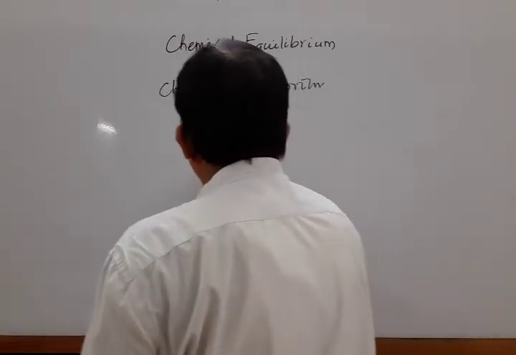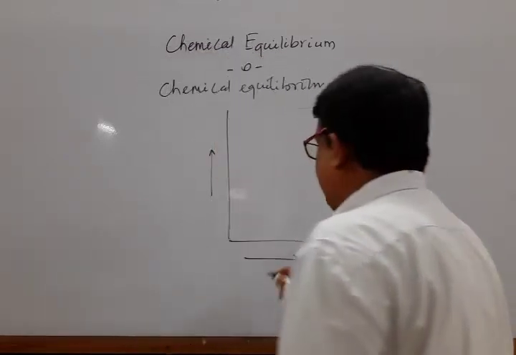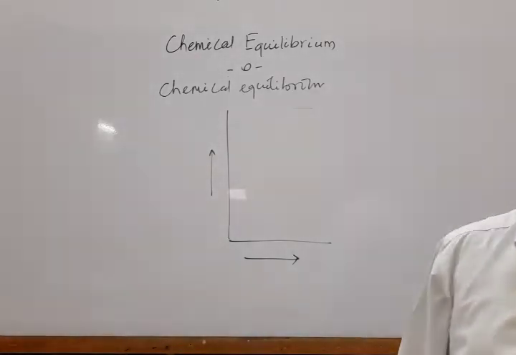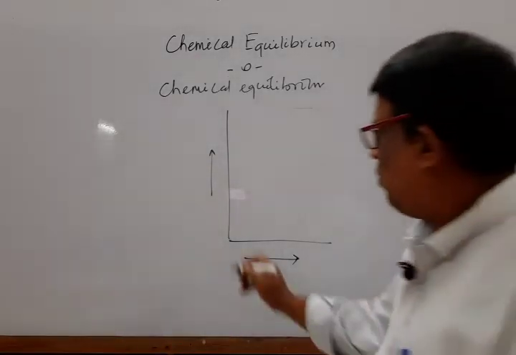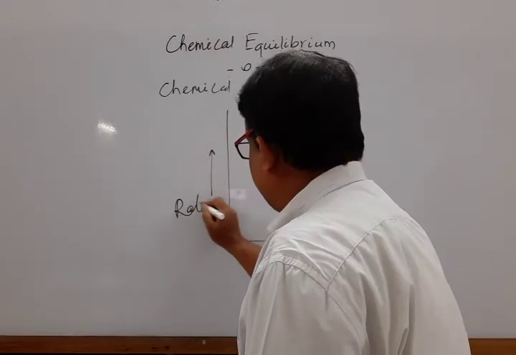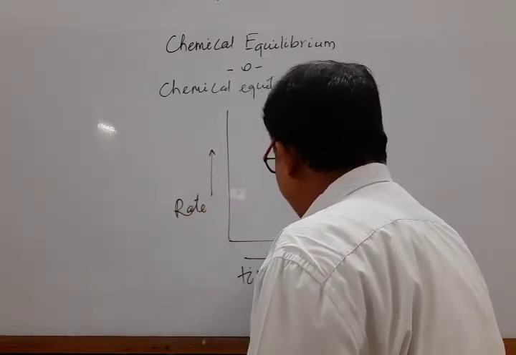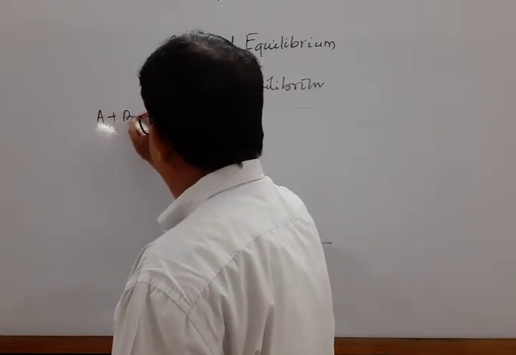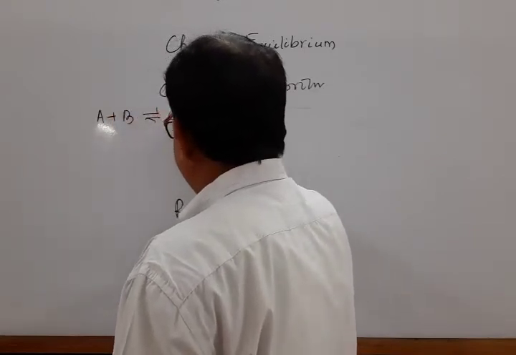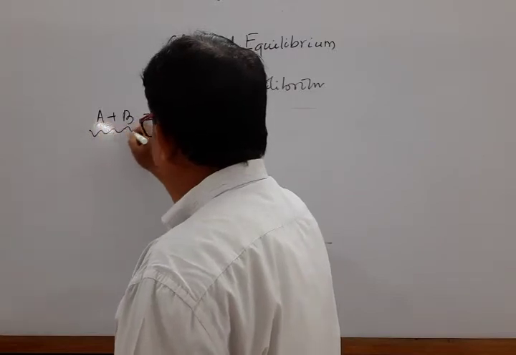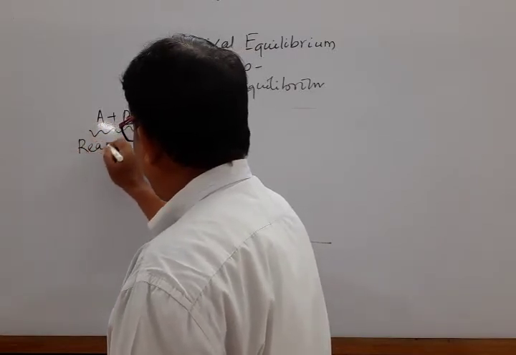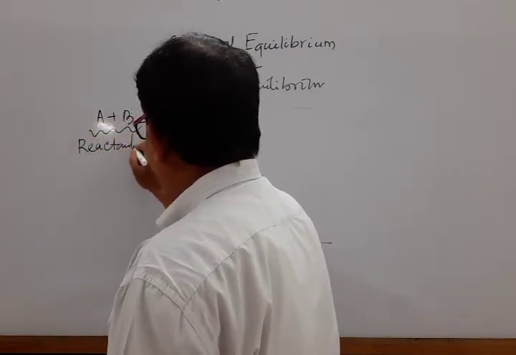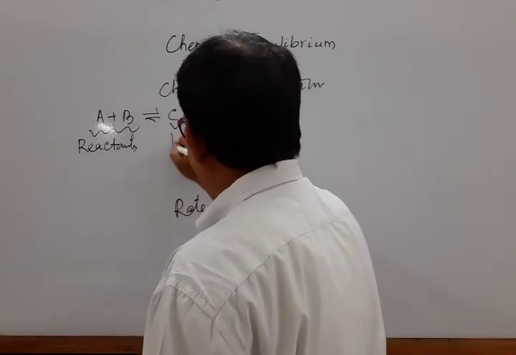It is better to draw a graph to know the term chemical equilibrium, that is rate versus time. Let us consider a reaction, that means A plus B, reversible sign, C plus D. Here A plus B is known as reactant, C plus D known as products.